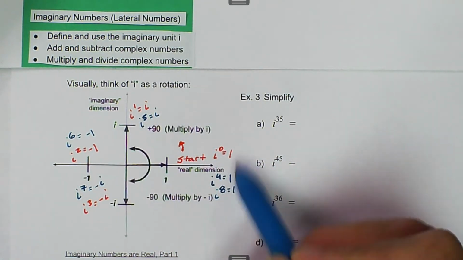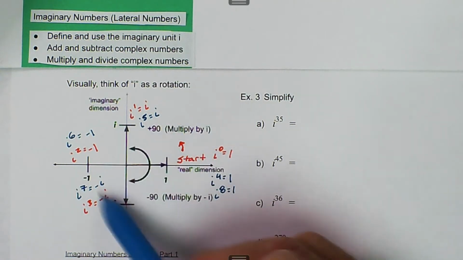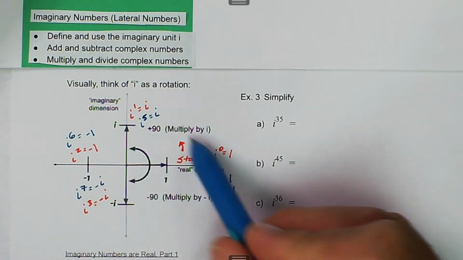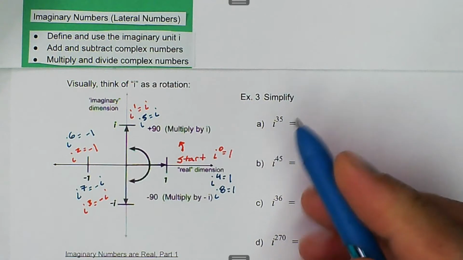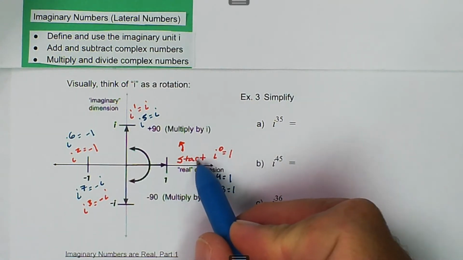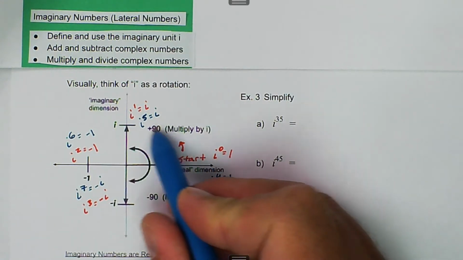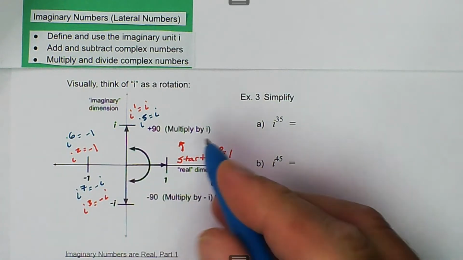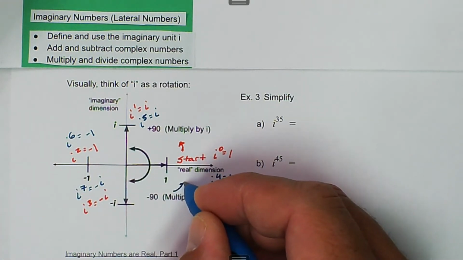So as we keep going, as the degrees get higher, we just continue to repeat around this rotation. So we can think about starting here on the right and going in a counterclockwise motion, and we finish at the same spot we started.